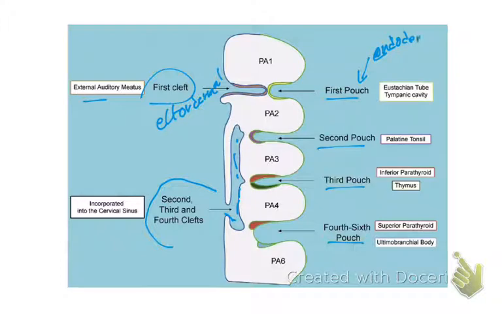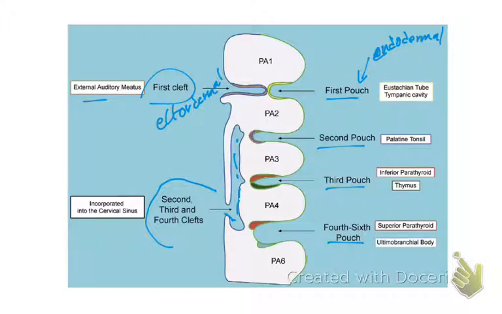Now those are from the embryologic processes. It is important to know which ones come from the first, second, third, fourth and sixth arches; the fifth doesn't exist.